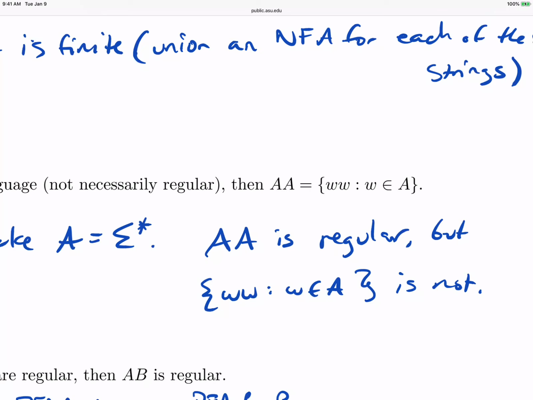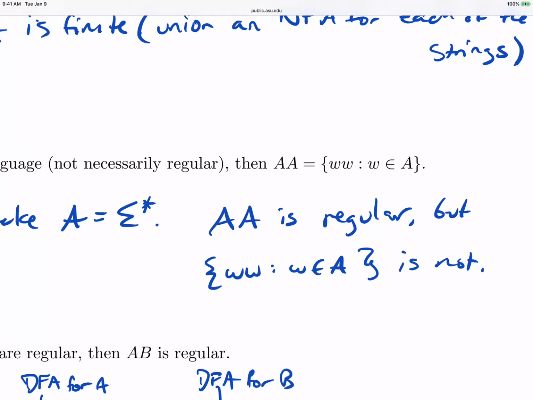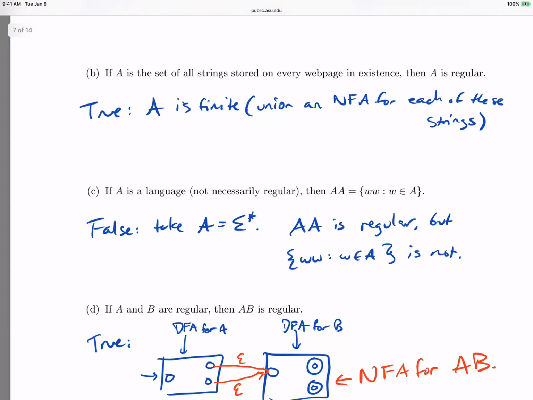Then the WW language is just that string with itself and no other string. Whereas the AA one on the left says pick any binary string and any binary string, not necessarily the same, and then put them together. So it's like A, B, basically, because it's different. You can think of it as WX, W concatenated with X, where W and X both come from A. So there's no dependence between the W and the X part. Any other questions on C?